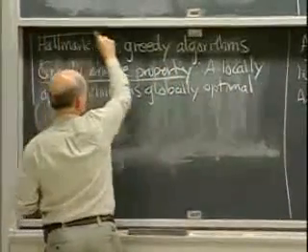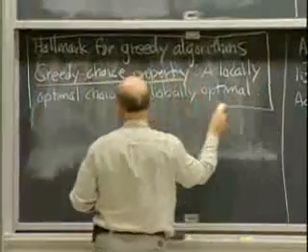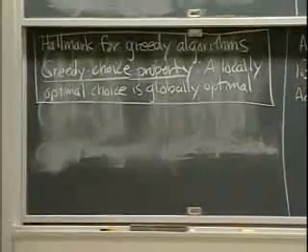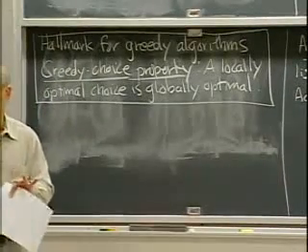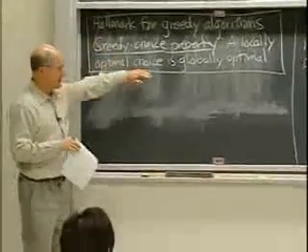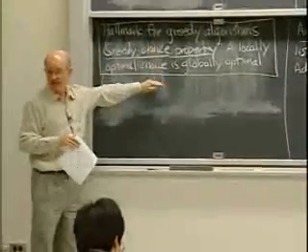And of course, as with all these hallmarks, this is the kind of thing you want to box, because these are the clues that you're going to be able to do it. So we have this property that we call the greedy choice property. I'm going to show you how it works in this case.